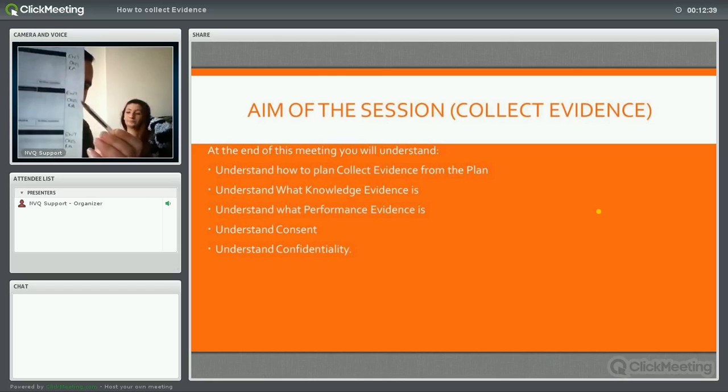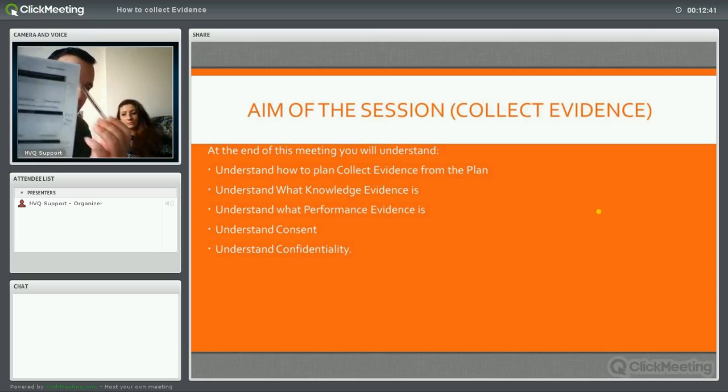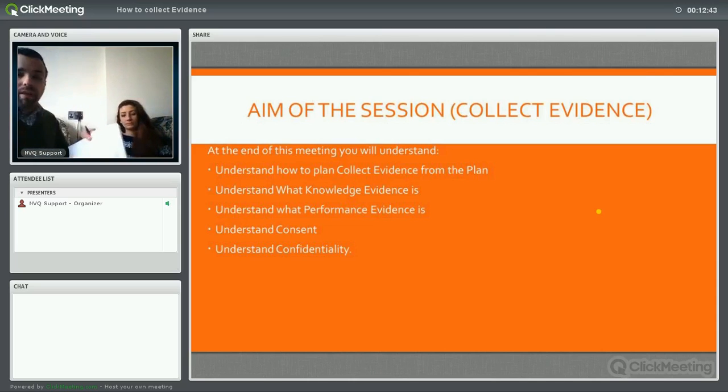So you can see every learner will achieve that in a different way, and that's where you get your differentiation from. Yes, it is the same outcome, there's no dispute about that, but it's the same outcome for every awarding body delivering that qualification.